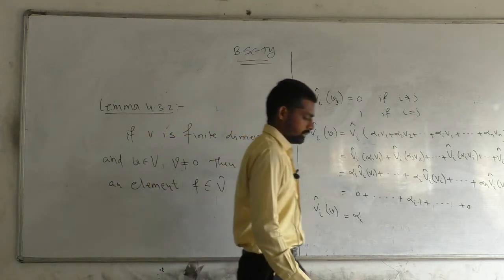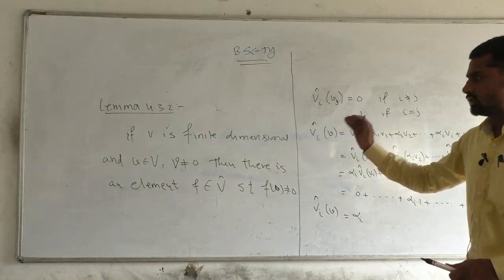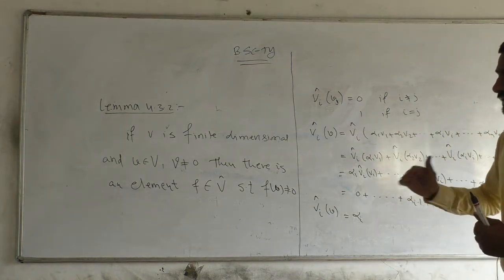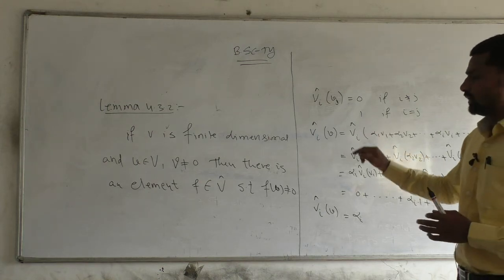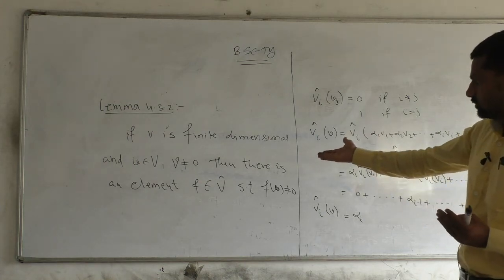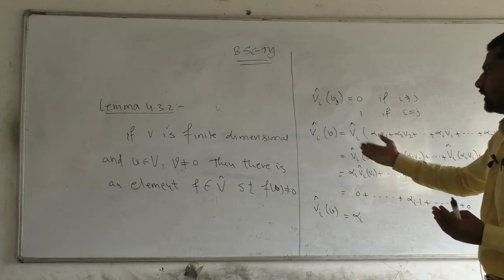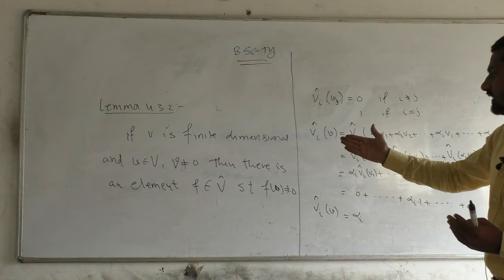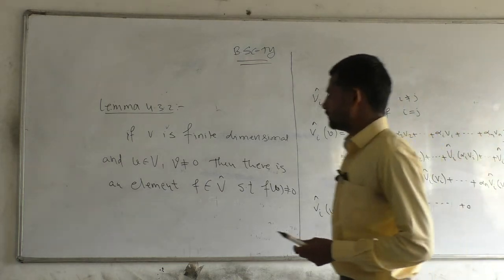Now understand this lemma, which says that if we take any non-zero element of a vector space V, then there exists an element f belongs to V dual. You know that V dual contains all linear functionals from a vector space V to F. Then there is an element f such that f of v is not equal to 0.